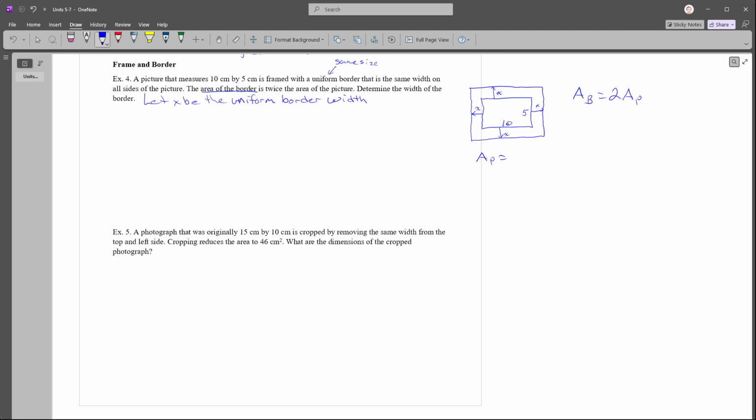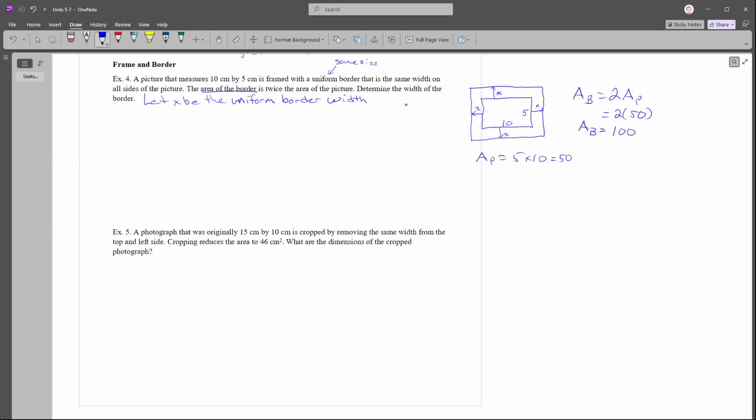Well, what's the area of the picture? The picture is the space inside, just the picture itself. So that's just 5 times 10, which is equal to 50. So that means that the area of the border is equal to 2 times 50. So the area of the border is equal to 100 centimeters squared.